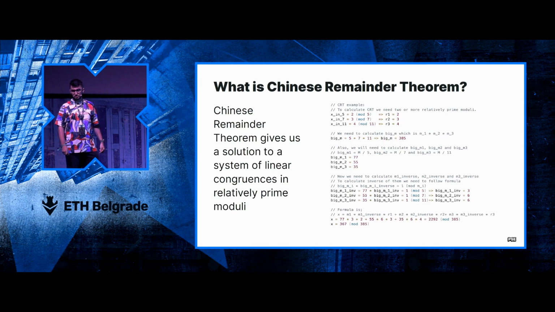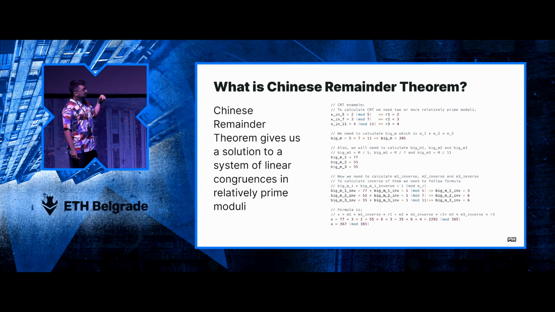The Chinese remainder theorem is a pretty nice theorem, actually, because it gives us a solution to a system of linear congruences in relatively prime moduli. In the example, we have x represented in moduli 5, 7, and 11, like 2, 3, 4.